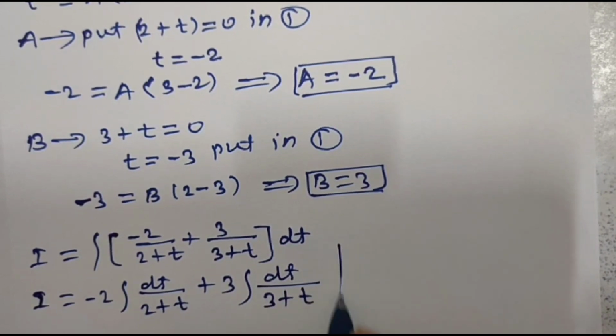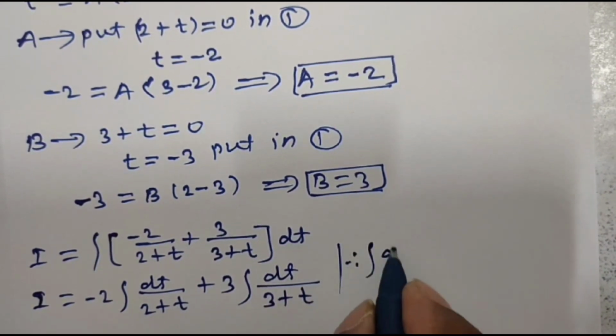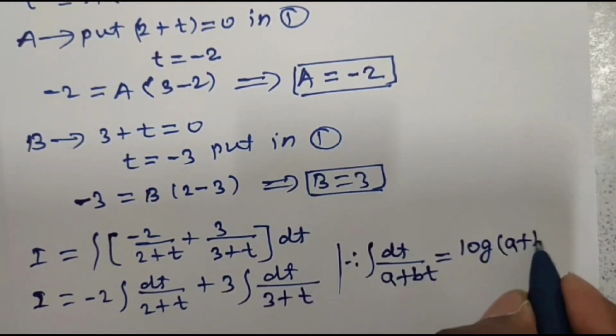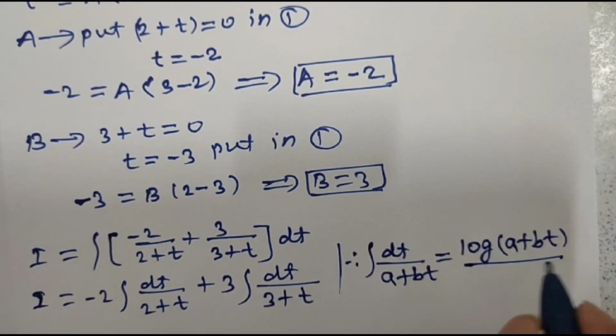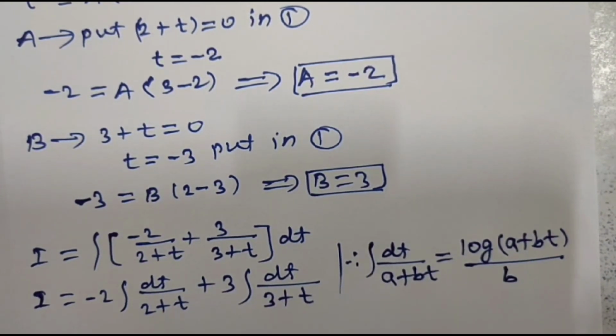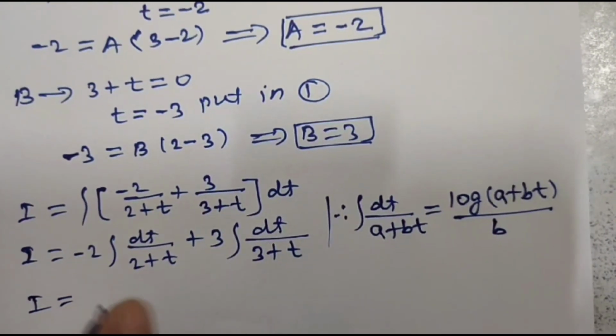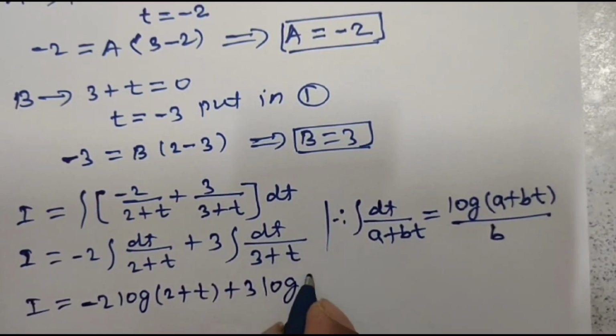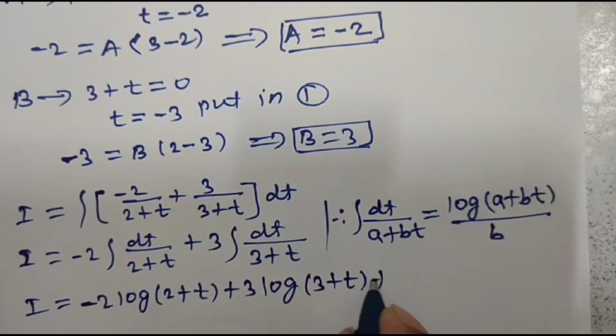But you know this formula, integral of dt divided by a plus bt is equal to logarithm of a plus bt divided by the derivative of a plus bt with respect to t, that is b. Hence I is equal to minus 2 logarithm of 2 plus t plus 3 logarithm of 3 plus t plus integral constant c.